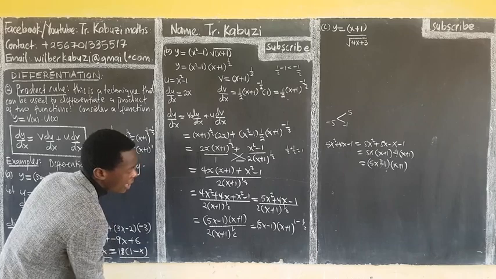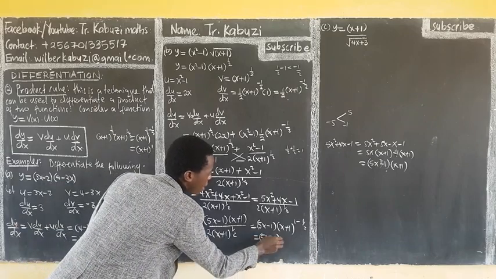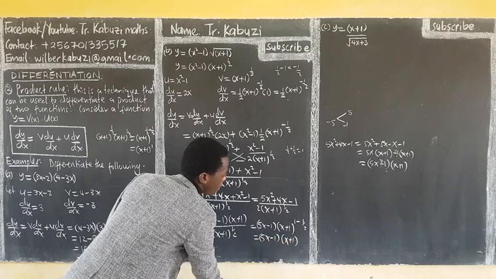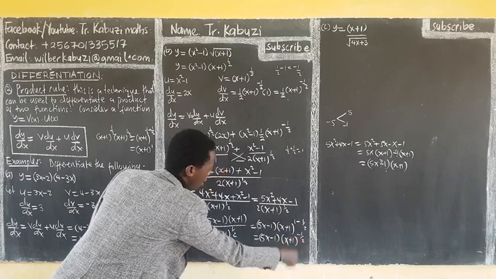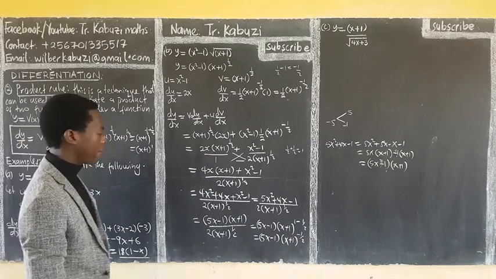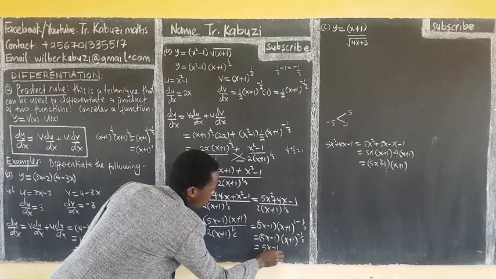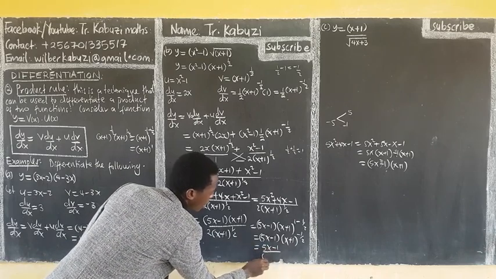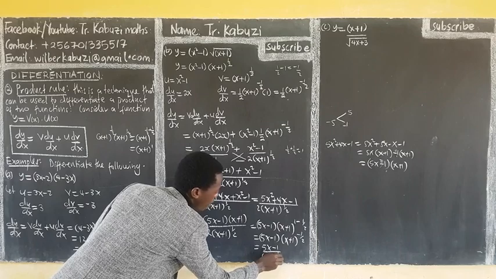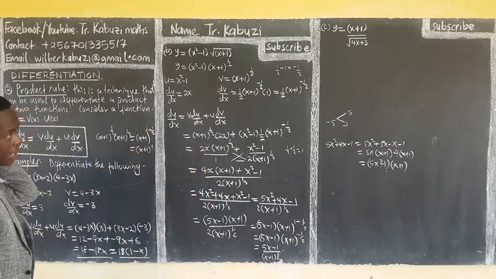And you see that will give us 5x minus 1 into x plus 1 power negative a half, which you can push down and you get the answer as 5x minus 1 the whole over x plus 1 power a half. And so that will be our derivative.